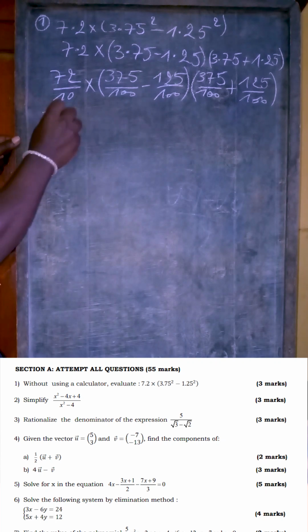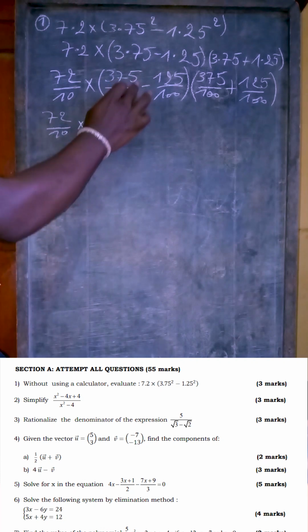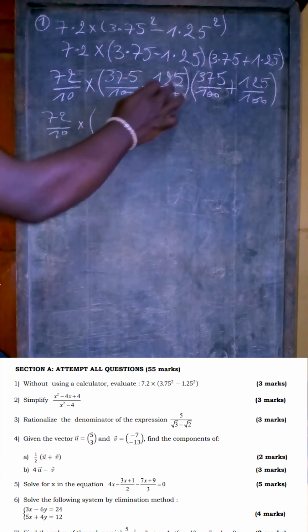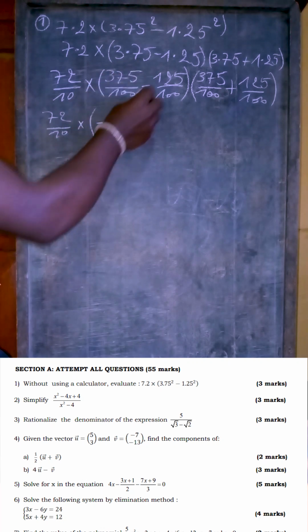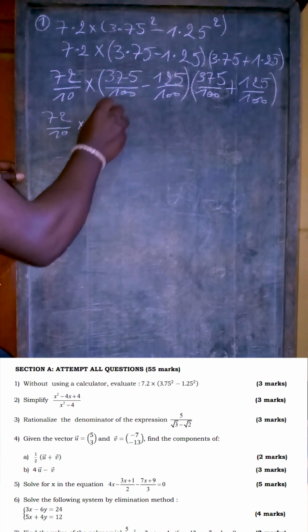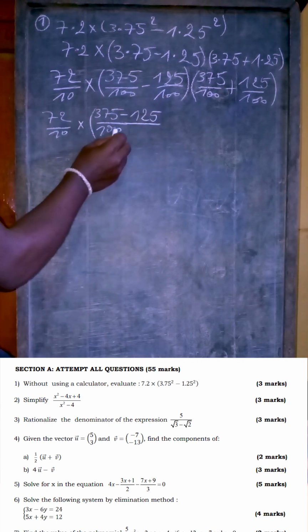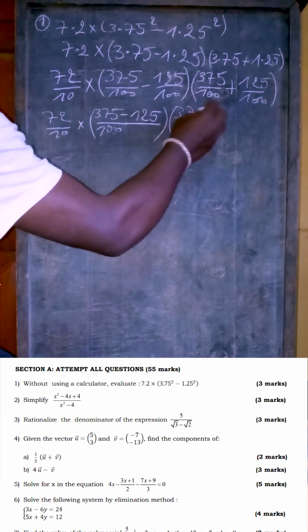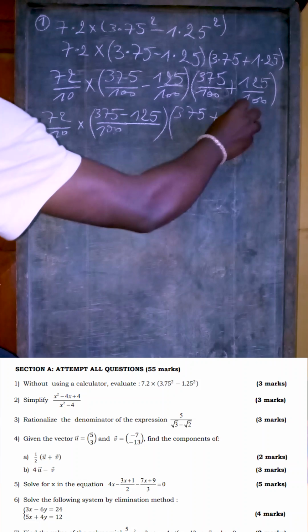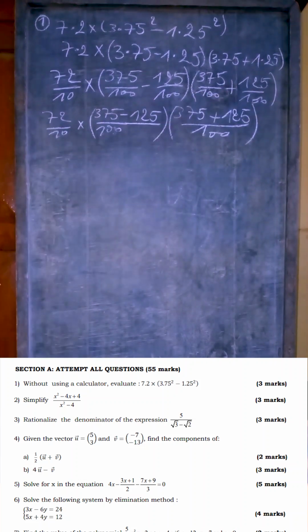It will be 72 over 10 times. By taking this fraction minus this, we have the common denominator 100. Then it will be 375 minus 125, with the common denominator 100, times 375 plus 125 over 100 as the common denominator for this one.